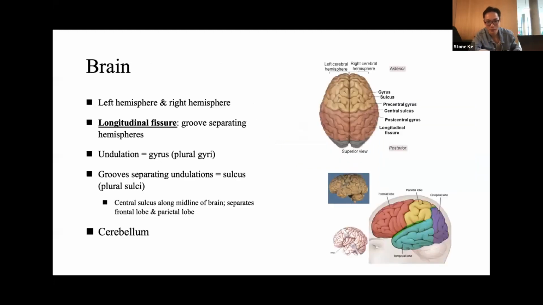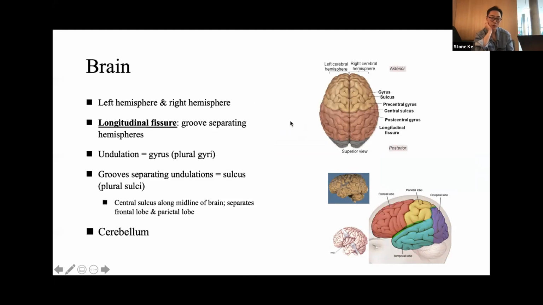Next slide. All right, brain. Again, really quickly. Okay, so left and right hemisphere, the main groove between the left and right hemisphere, like that vertical line in that graph, is the longitudinal fissure that separates the hemispheres. There's stuff called sulci, singular sulcus.